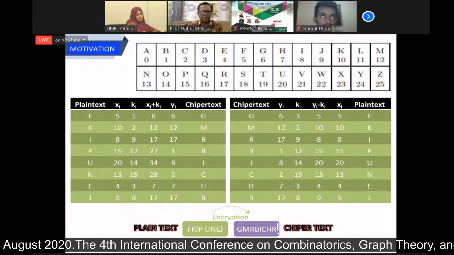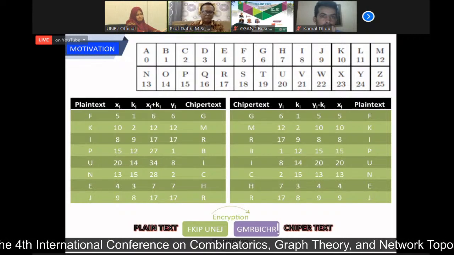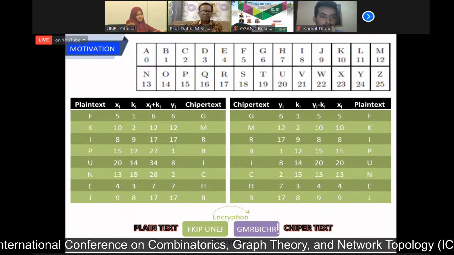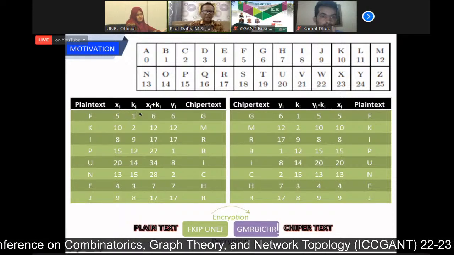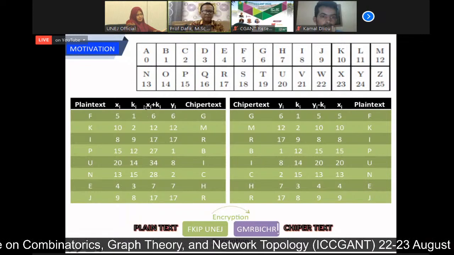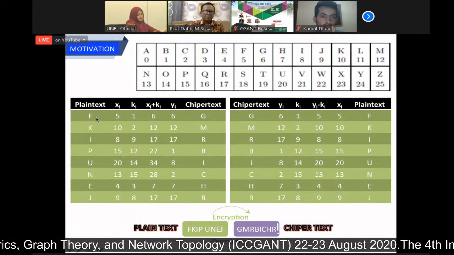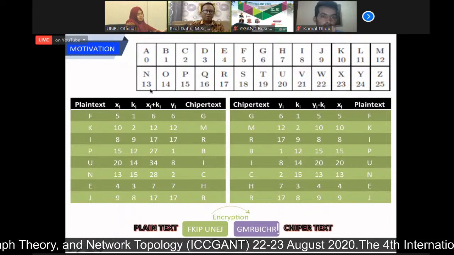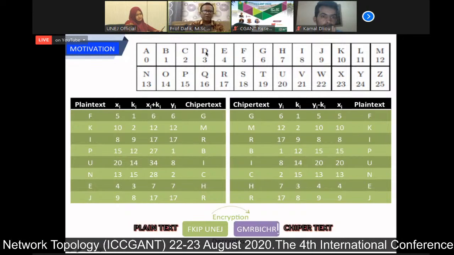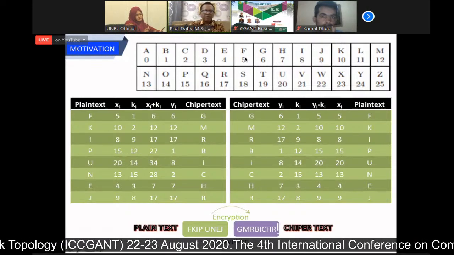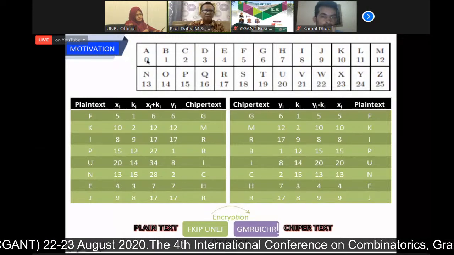Simply, we use the previous labeled graph, and we have the formula with xi and ki, this is the affine cipher. Xi is the ordered number of F in the alphabetic order A, B, C, D, E, F. F is 5, because we count starting from 0.